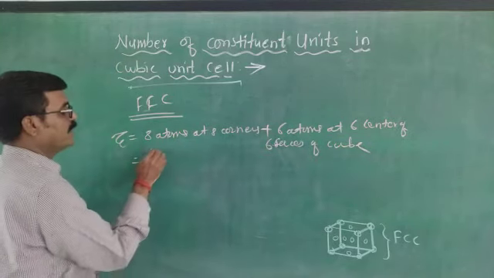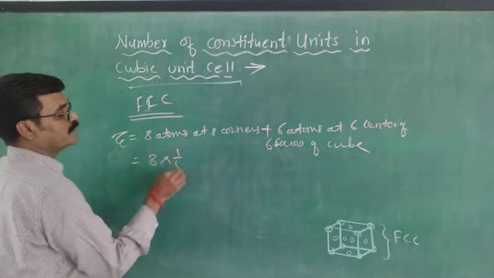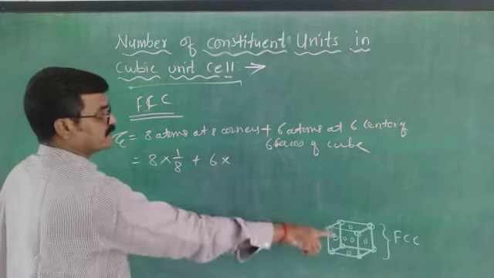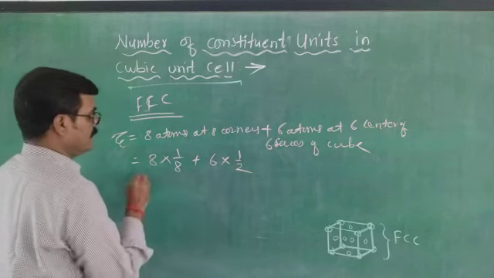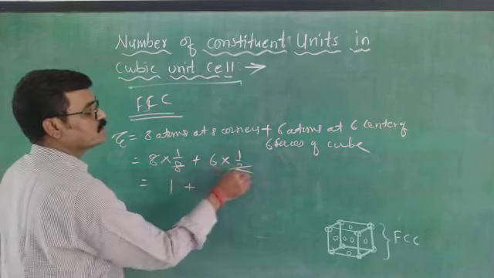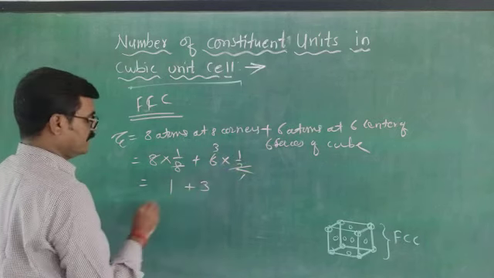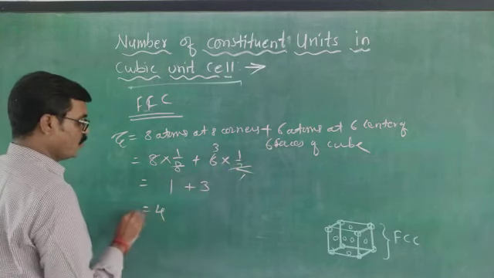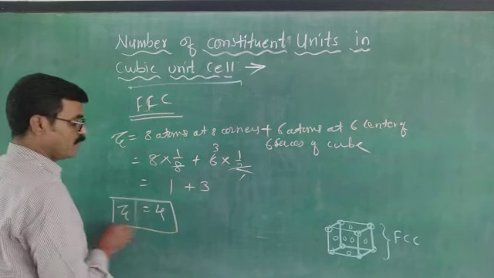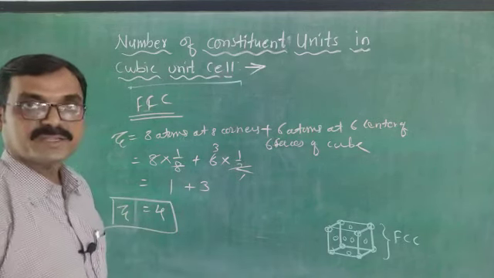Now 8 atoms at 8 corners, 1/8 portion, plus 6 atoms at the centers of faces, half. That is 8 into 1/8, 1, plus 6 into 1/2, 3, so 1 plus 3 equals 4, and it is Z for the face centered cubic crystal.